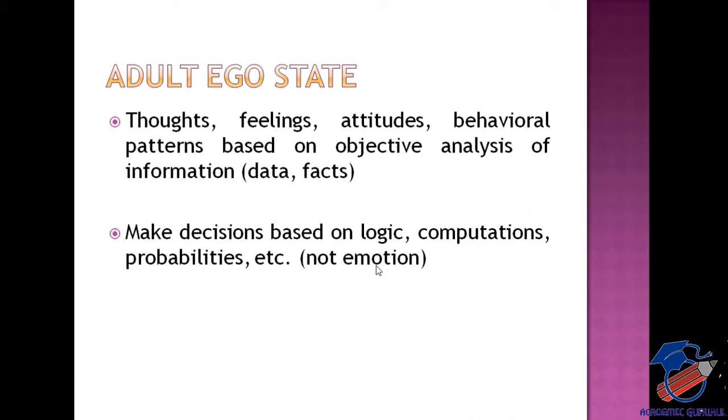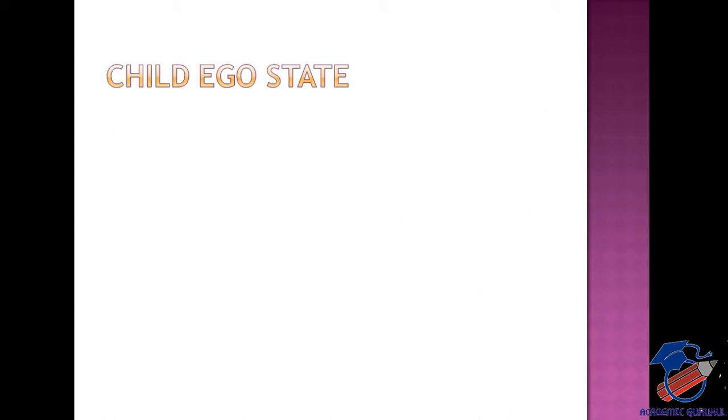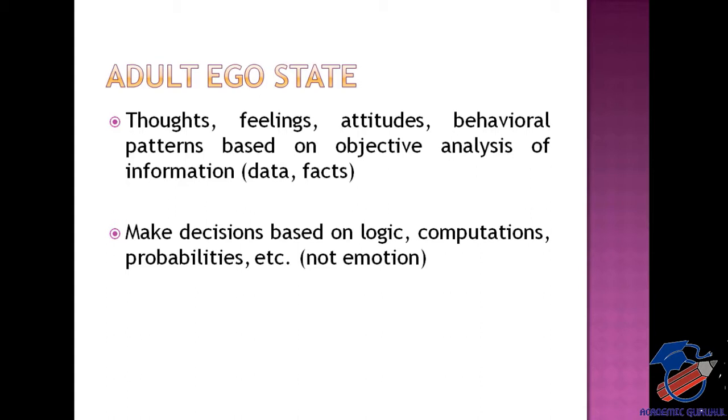This ego state is formed through one's own experience. They have their experiences, and on the basis of those experiences this ego state is developed, and it is updated continuously on the basis of information. If there is new information, then that ego state will be updated.